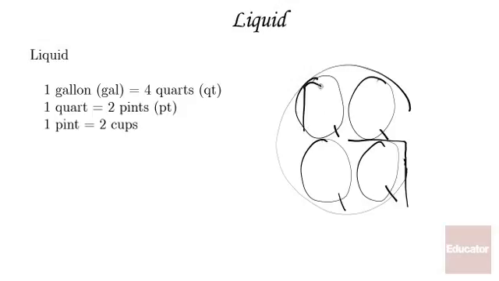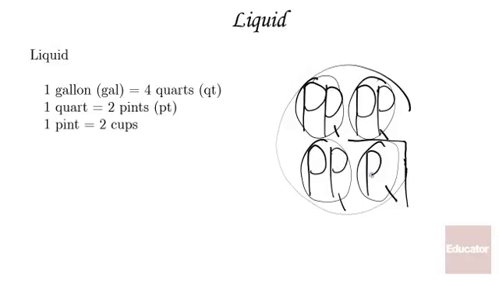So I have 2 P's within 1 quart, 1 Q. Then 1 pint is equal to 2 cups. So within each P, I'm going to write 2 C's.